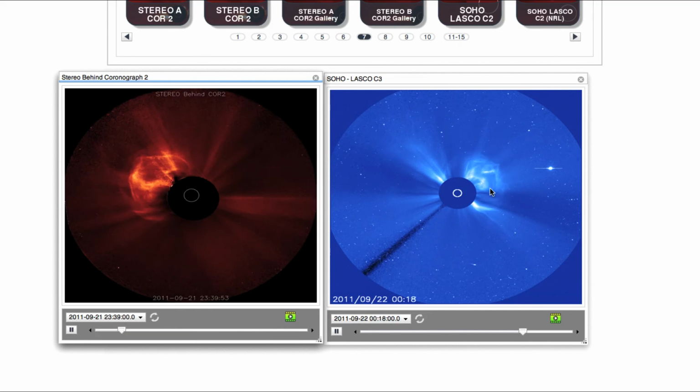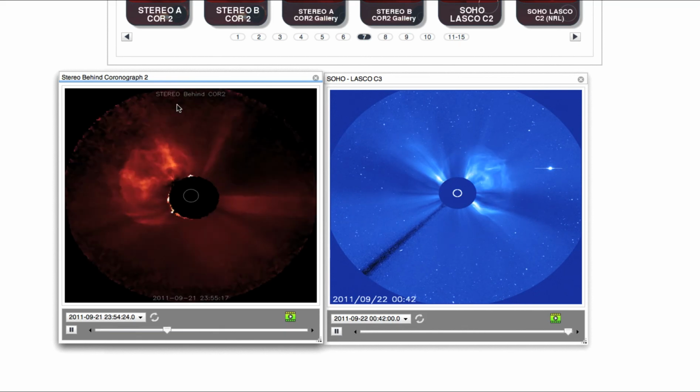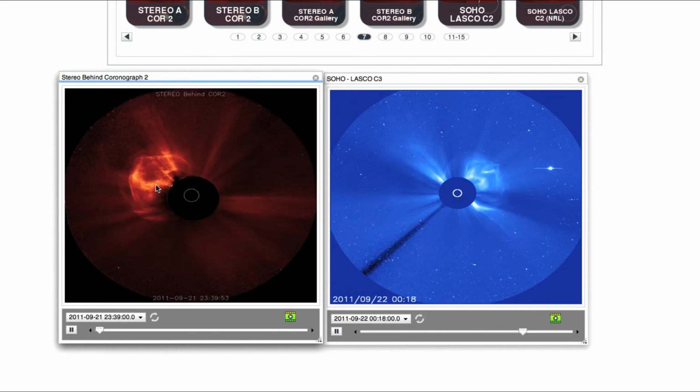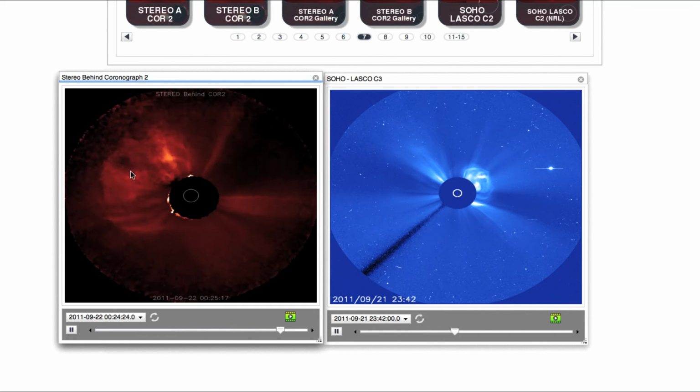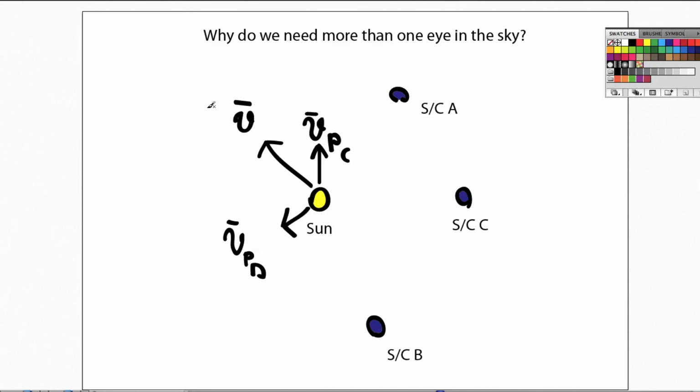From LASCO C3 imagery alone, you're not able to tell whether or not the CME comes towards the observer, towards the SOHO spacecraft. But now that you have STEREO Behind information also available, where you see that the CME is going to the left, you can quickly determine, using this type of schematic illustration, that since the CME is going right in the SOHO imagery and going to the left in the STEREO Behind imagery, the actual CME has to propagate away from the SOHO spacecraft.